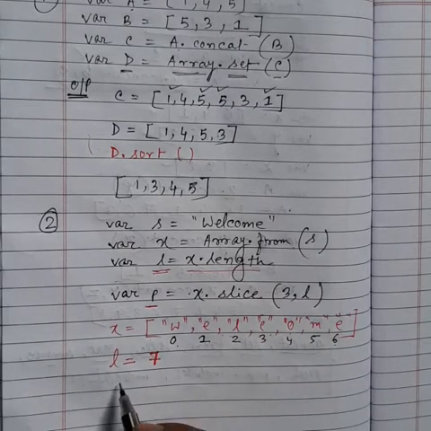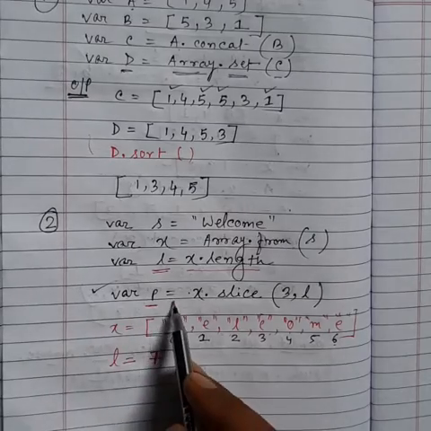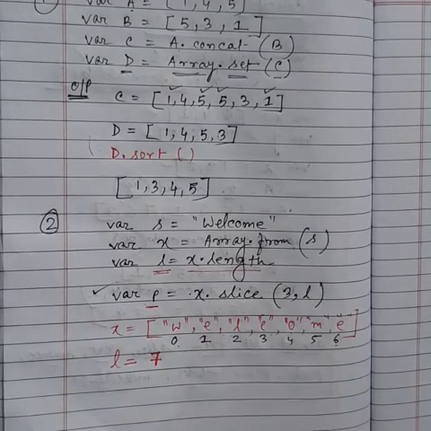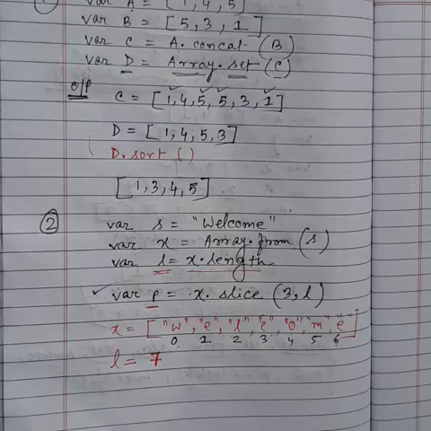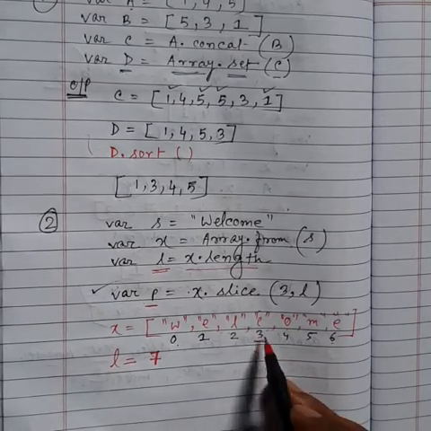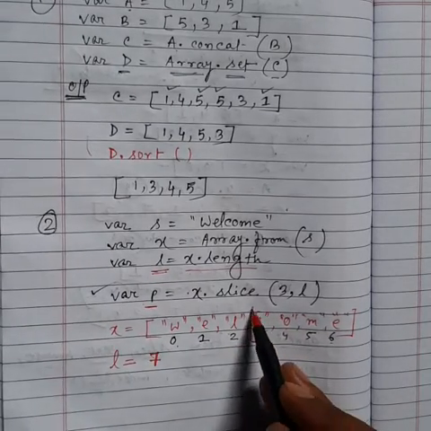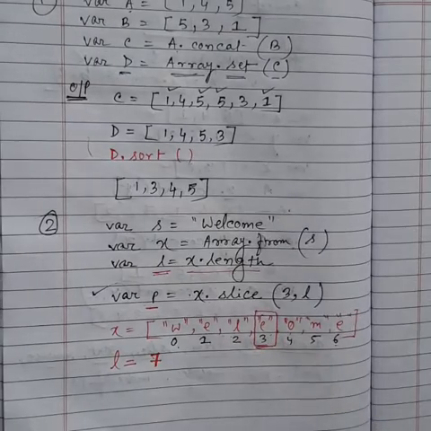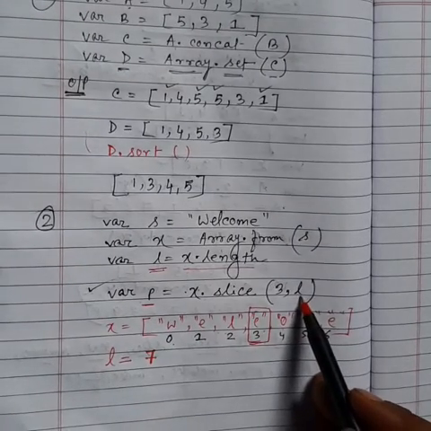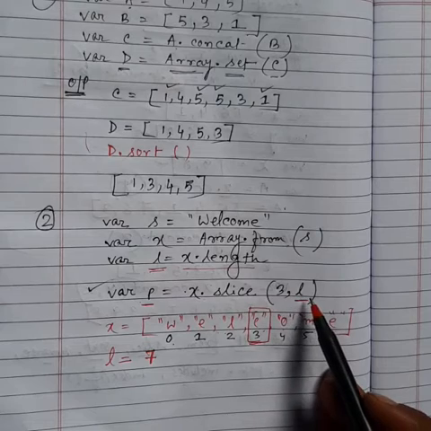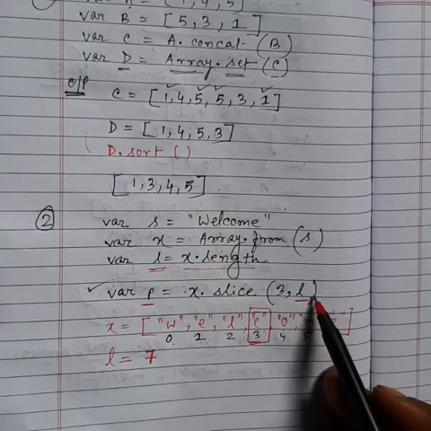Now we'll go for the last line, p equals x dot slice 3 comma l. So 3 comma l means position 3 is the start position. Yesterday we discussed these things. The end position given is l, and by default it will go up to l minus 1.